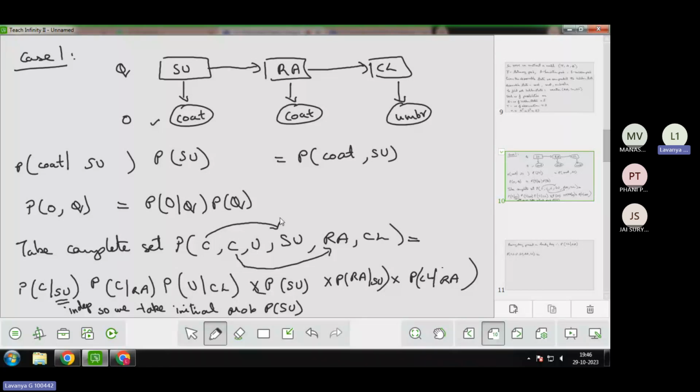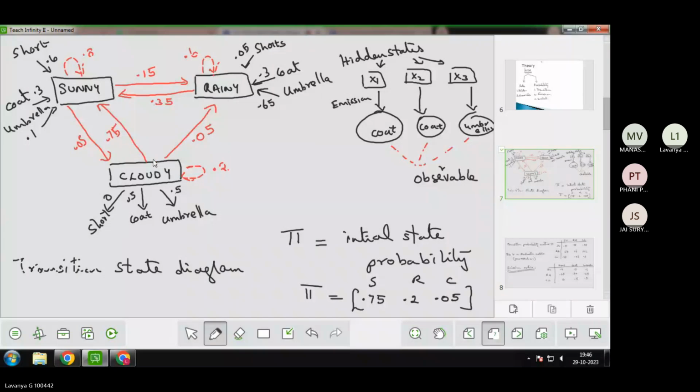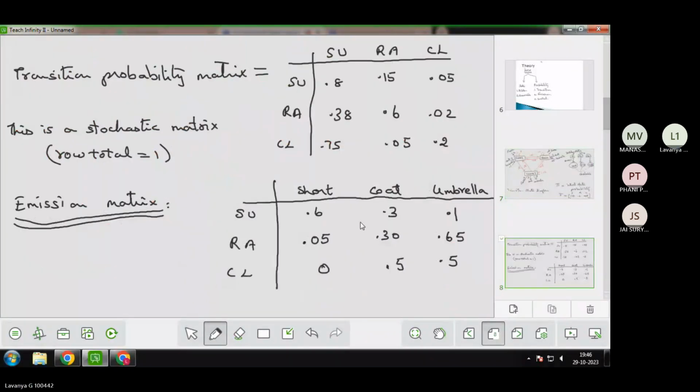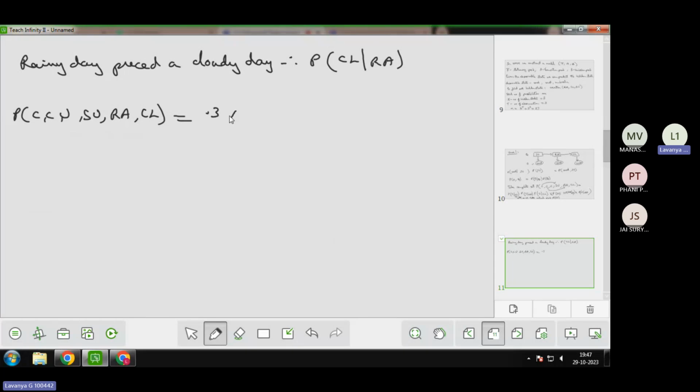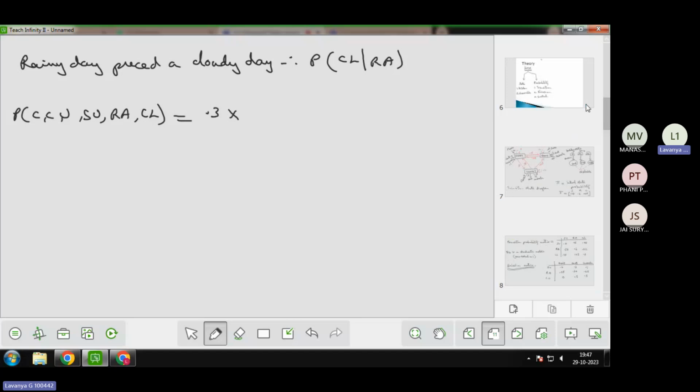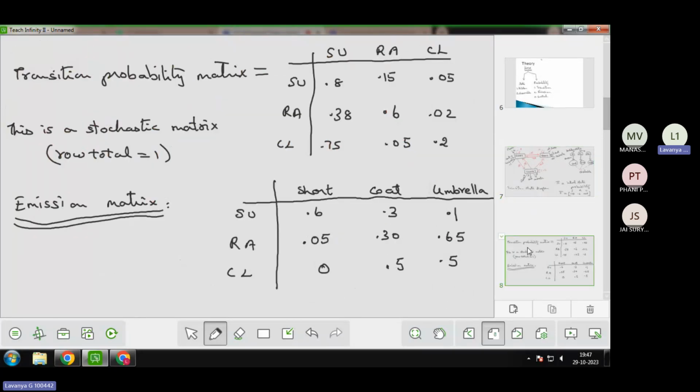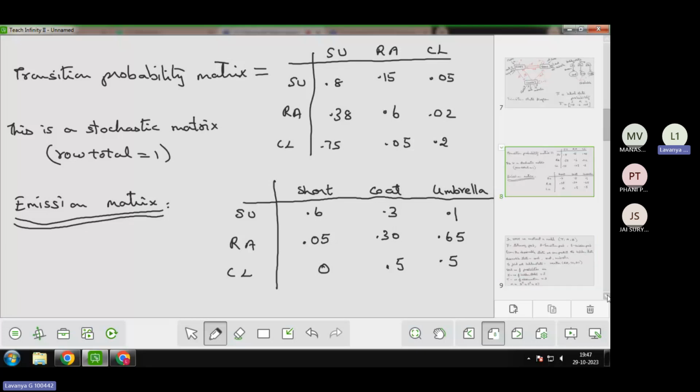I need the values of all these probabilities, for which I have to go to this matrix, from where I can get the probability. Now I want to take, look, sunny and he's wearing a coat with sunny is 0.3. So coat with sunny will be 0.3 into, what is the next thing? Coat with rainy day, that is also 0.3.